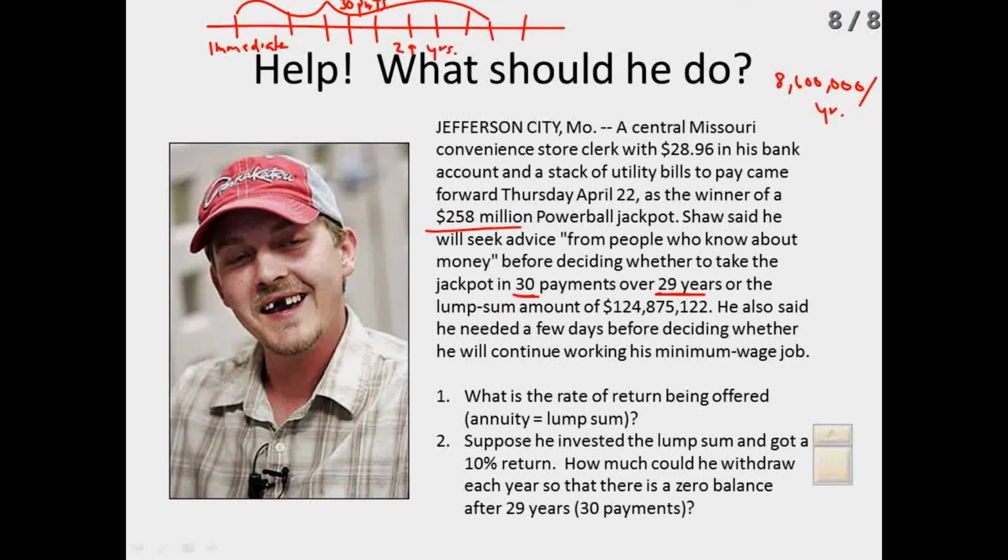Okay, so that's question number one. How much is the implied interest in the deal that the state is offering? And then you have to decide, do I think it's better or worse than he could do in the market? So let's say he instead took this 124 and he could invest and earn 10%. Which would be better? Would it be better for him to take the money now, or would it be better for him to let the government basically invest it for him?